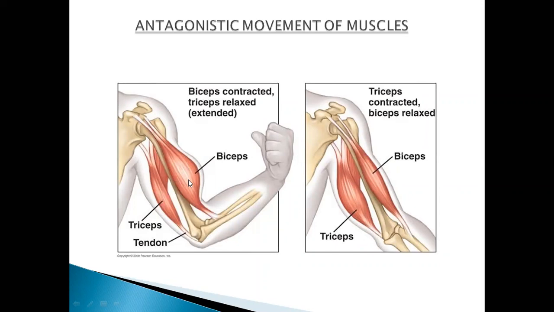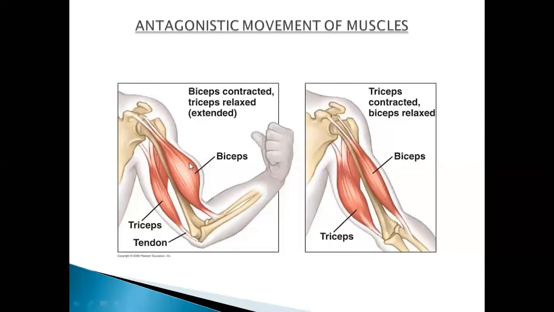When one muscle contracts, the other relaxes, and this phenomenon is known as antagonism. You can see this muscle is relaxed in this condition. The biceps is relaxed when you relax your arm, but you can see this triceps is contracted. So when one muscle relaxes and the other contracts, or when one muscle contracts and the other is relaxed, this opposite movement is called antagonism, and this action is antagonistic action.